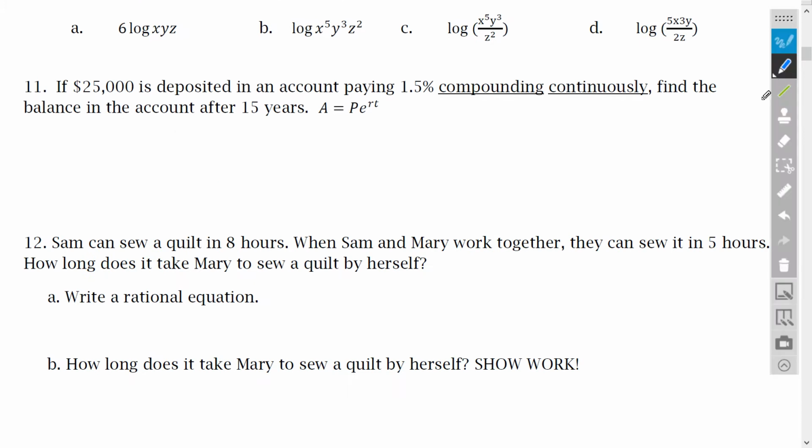Number 11, if $25,000 is deposited in an account paying 1.5% compounding continuously, find the balance in the account after 15 years. We have our continuous compounding formula, A equals P times e to the rt. So this would be A is equal to 25,000, which is our principal, what we start with, times e to the rate.